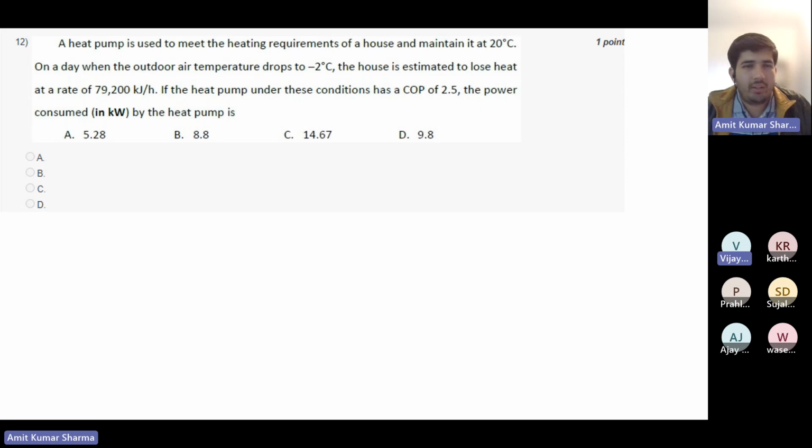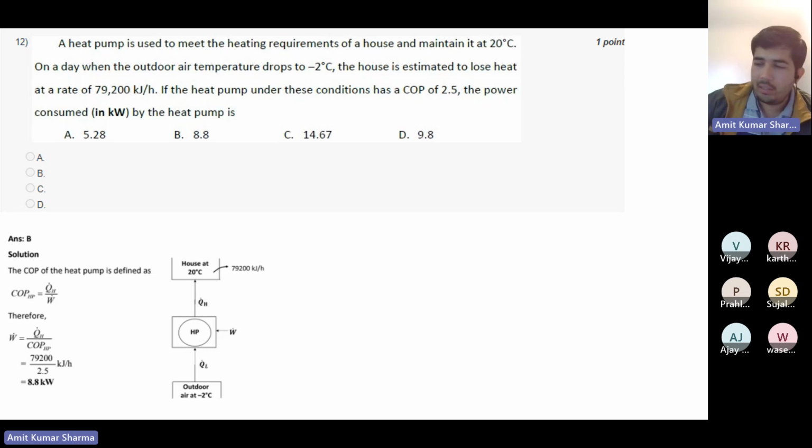Always draw a simple schematic in which you can see the heat engine, reservoir, and source, and mention Q1, Q2, W, and everything. Then start applying the formula, and you will never get the wrong answer.